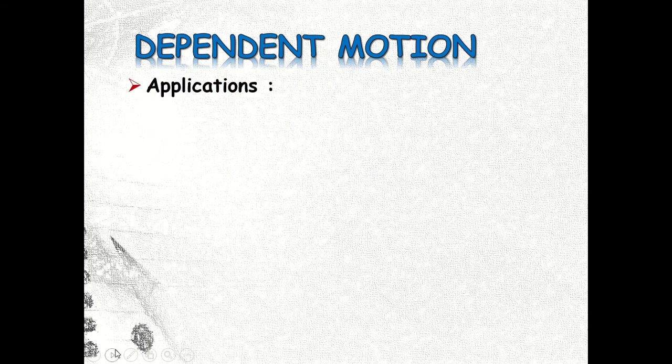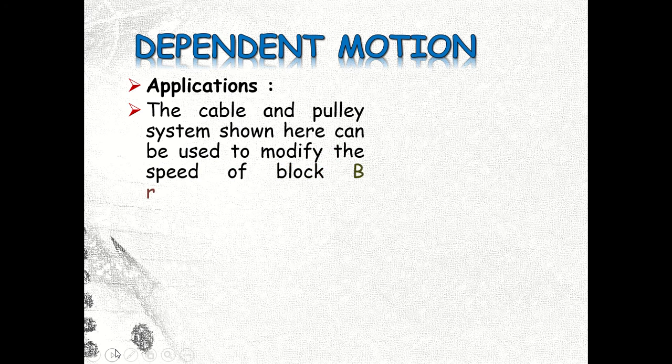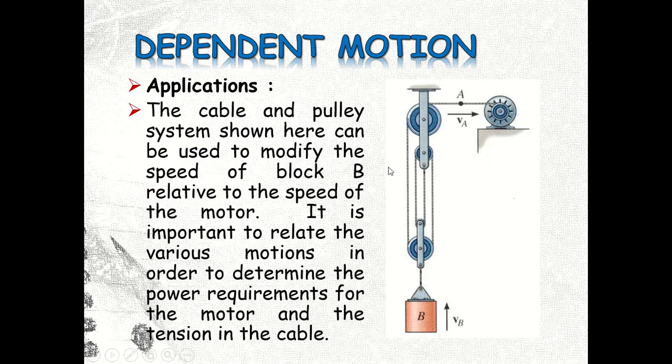So here are the applications for this topic. As you can see from this picture, the cable and pulley system shown here can be used to modify the speed of block B, so this is our block B, relative to the speed of the motor. So this is the motor.